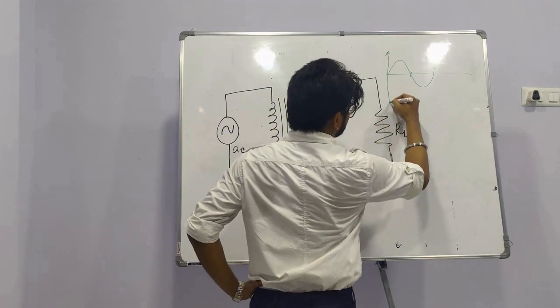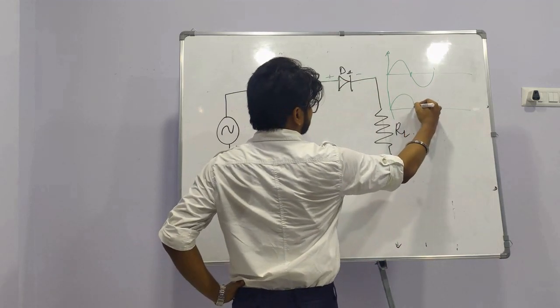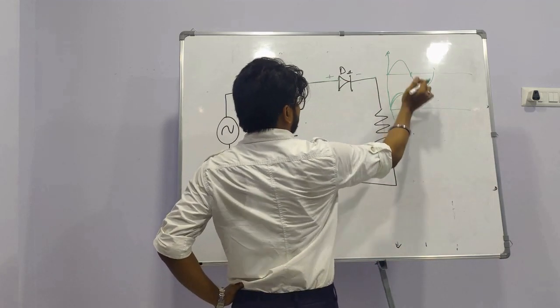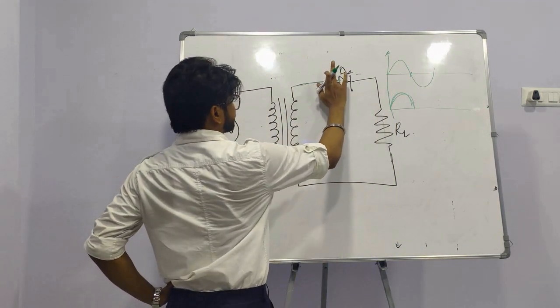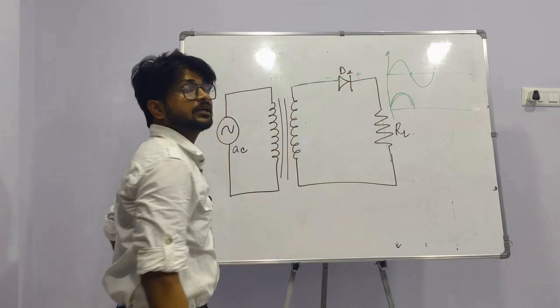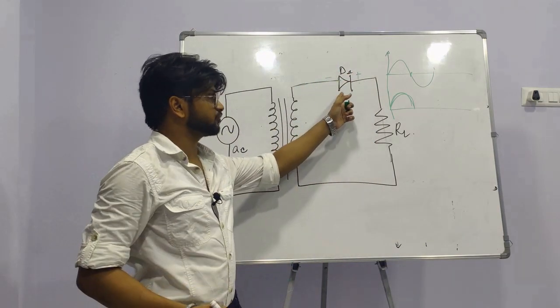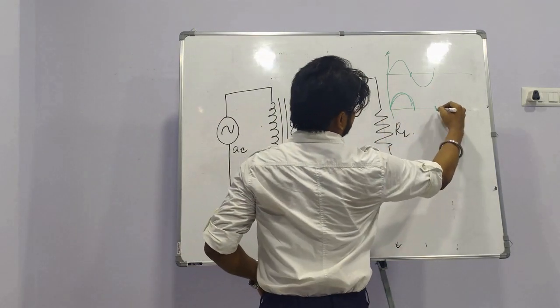Therefore, the output is in this manner. The entire input is dropped to the output. But in the reverse bias condition, the diode does not conduct, therefore this part is kept empty.